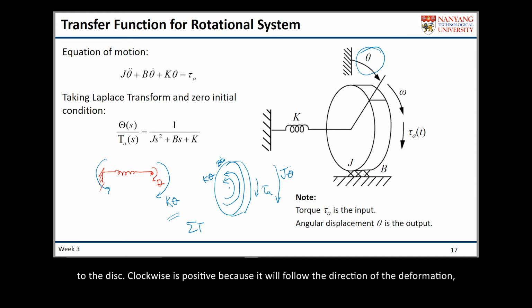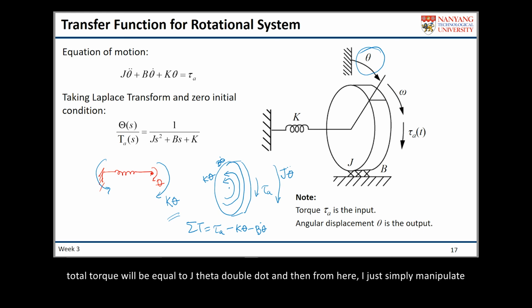Clockwise is positive because it follows the direction of the inertial torque. In this case, tau A is positive, K theta is negative, B theta dot is also negative because it is in a counterclockwise direction. The total torque will be equal to J theta double dot.